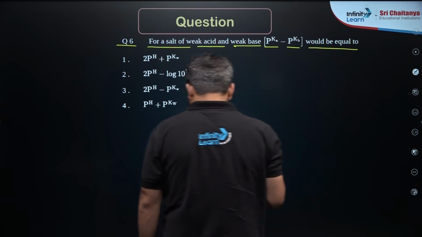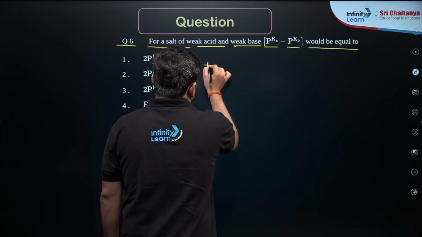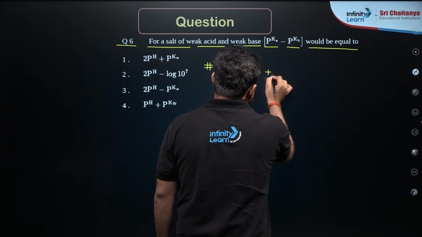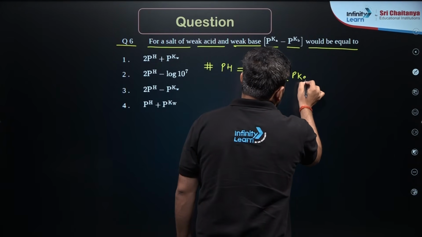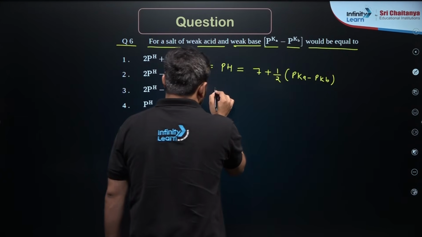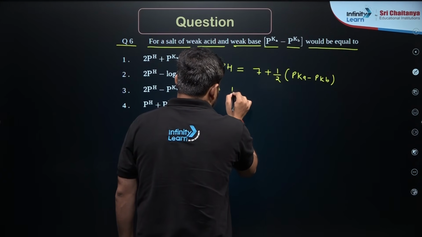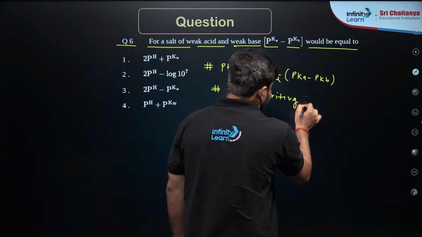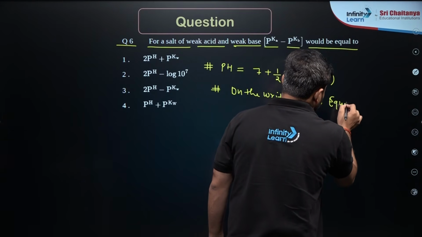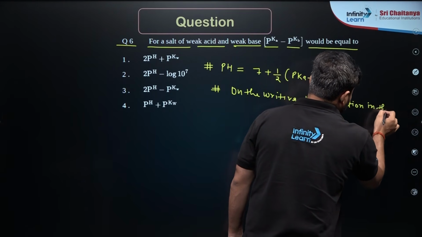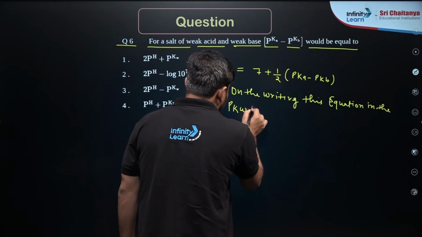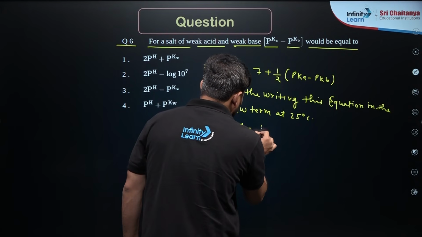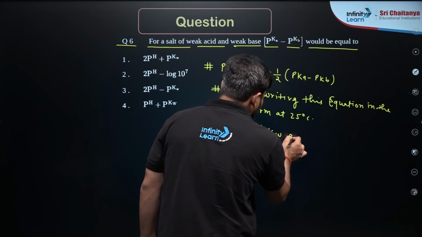For a salt of weak acid and weak base, pH equals 7 plus 1 by 2 (pKa minus pKb). Now we convert this equation into the pKw term. pKw at 25 degrees Celsius: 7 equals 1 by 2 pKw at 25 degrees Celsius.